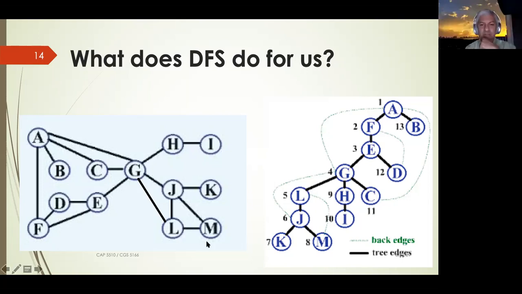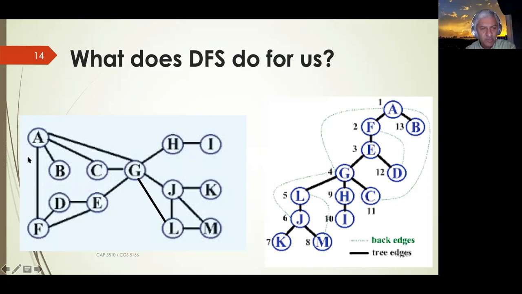So over here, this is a bridge, this is a bridge, this is a bridge, and this is a bridge. The articulation points are A, G, H, J. Those are your articulation points. So your biconnected components turn out to be this whole piece over here, except for B, because you can go from A to C to G, D, E, D, F, and all of this forms a cycle.